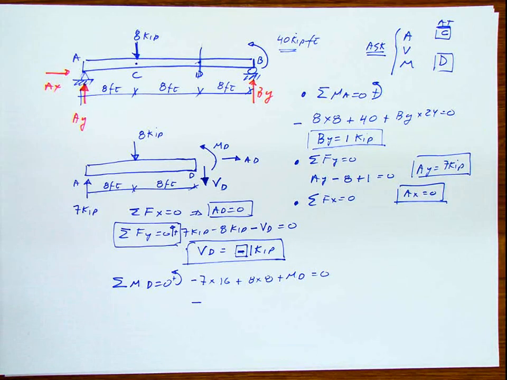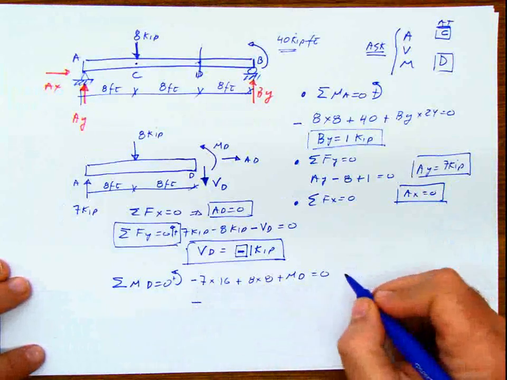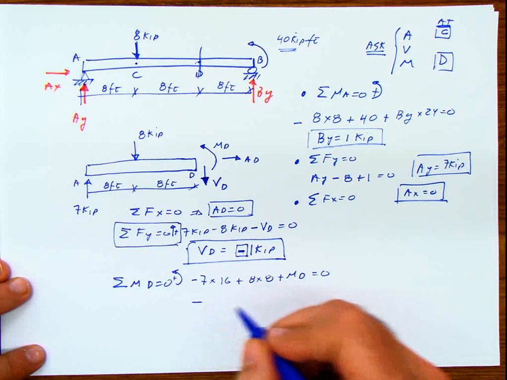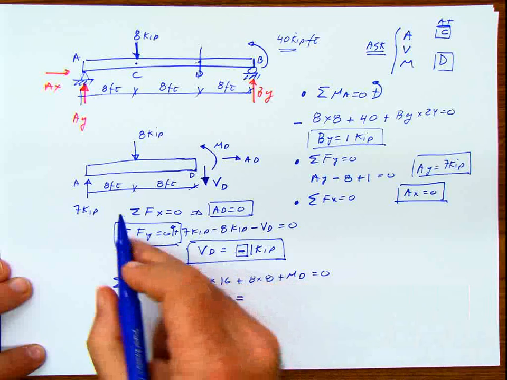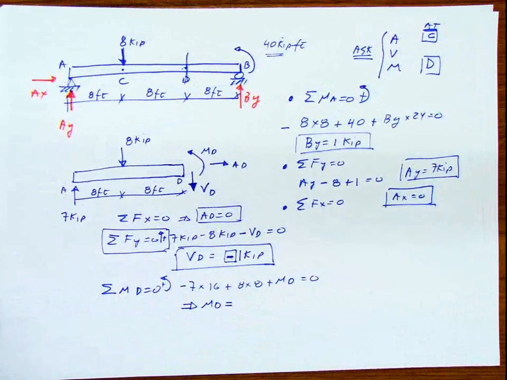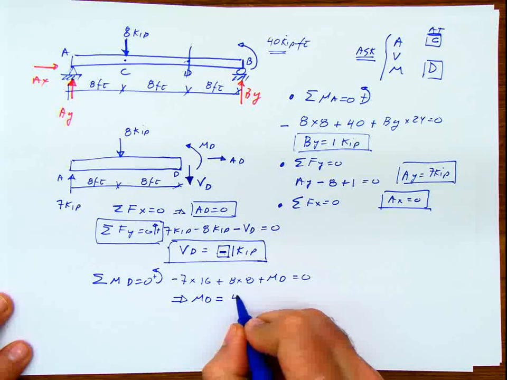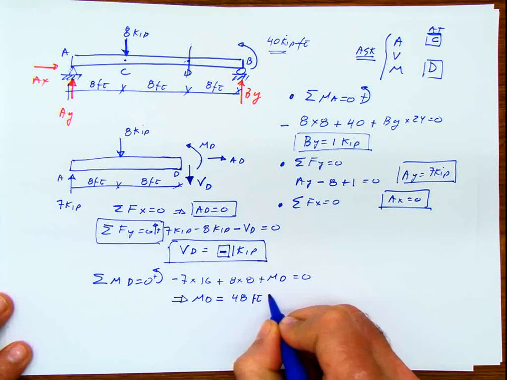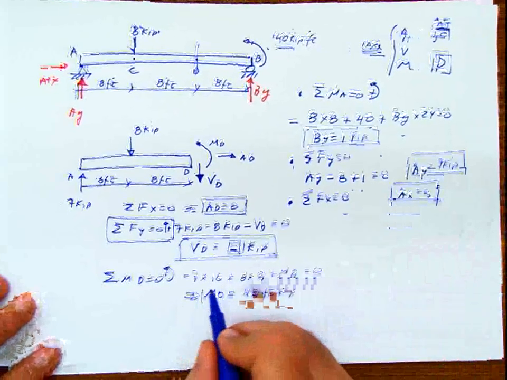That's 48. So MD is going to be 48 positive, and that's the value that I'm looking for.